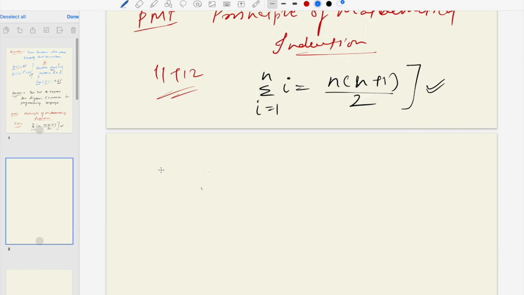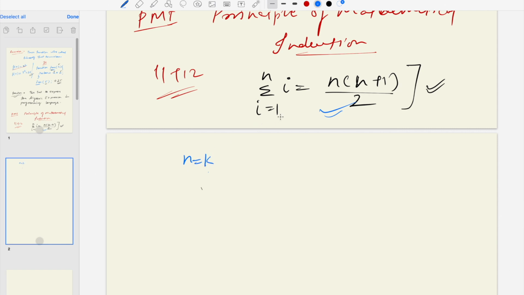So how will we actually prove that formula? We assume that n equals k.